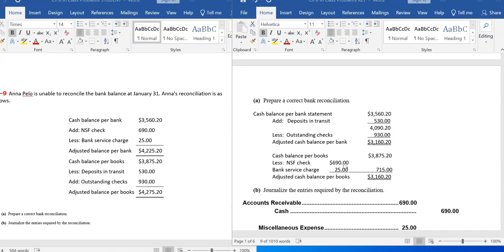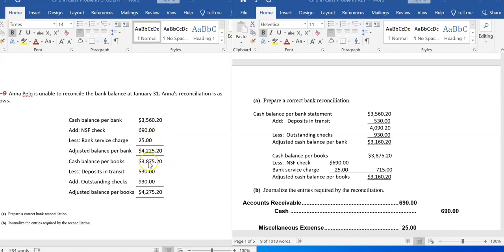All right, looking at the next item, the cash balance for the bank is showing a bank service charge being subtracted. But that doesn't appear on the correct side of the reconciliation either, because this service charge has already been deducted from that bank balance. It has not been deducted from the book balance yet.